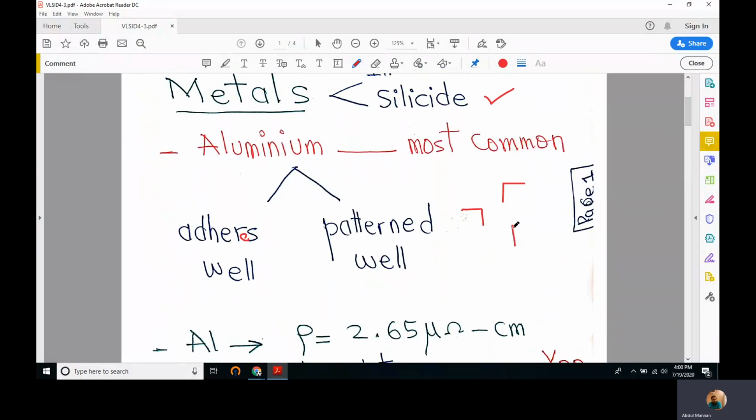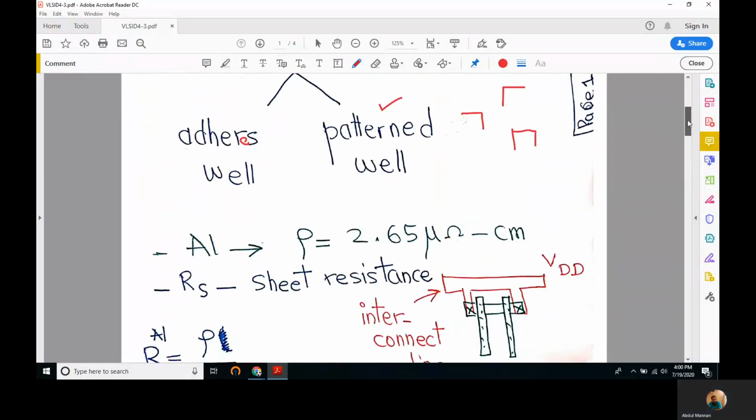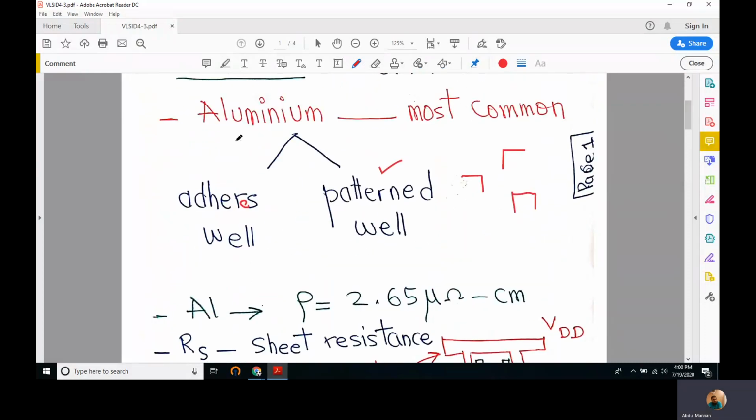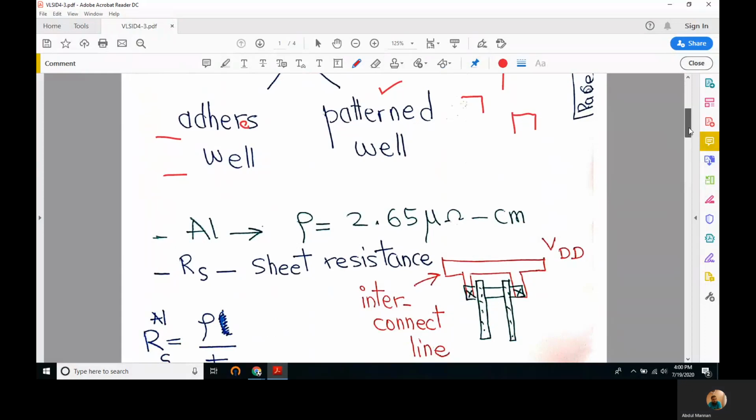So they are mostly bent at 90 degrees, but they can be of different shapes. So the metal is patterned well. Aluminium has the advantage that it can be patterned well, it's the most commonly used material, and it adheres well to other semiconductor-based materials that we use in the fabrication.